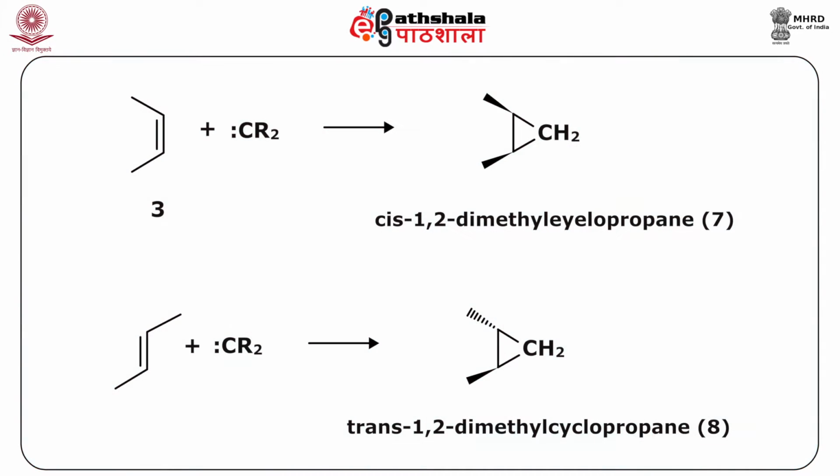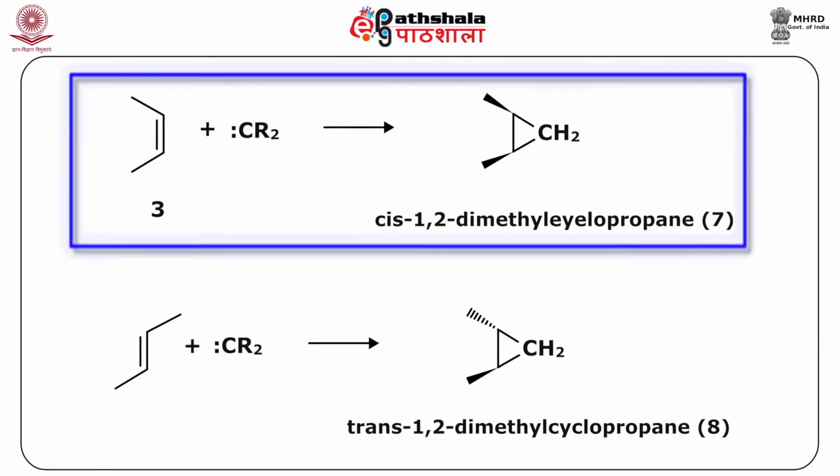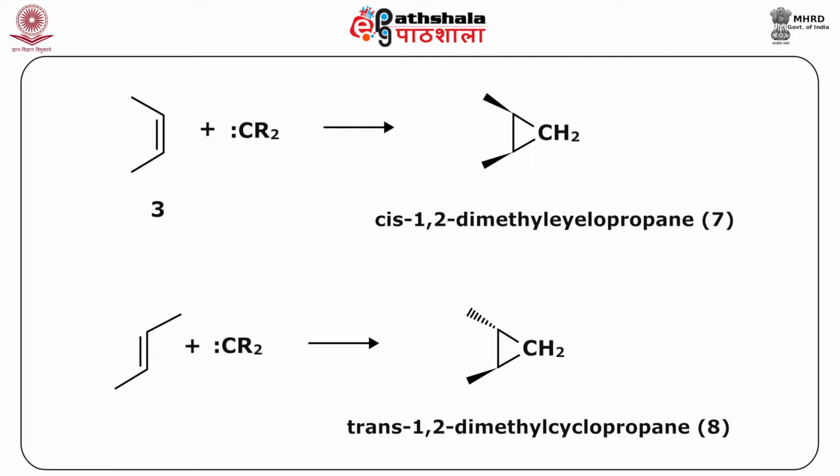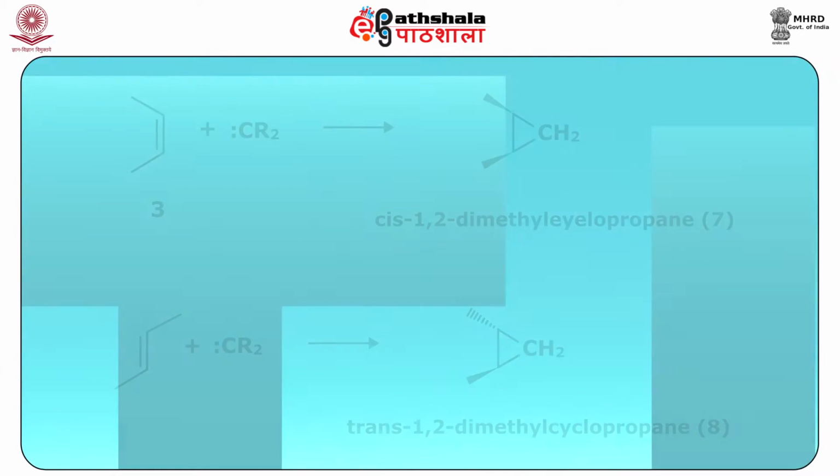The addition of carbene to cis-butene and trans-butene stereospecifically gives the cis-1,2-dimethylcyclopropane and trans-1,2-dimethylcyclopropane respectively from the two butene systems.